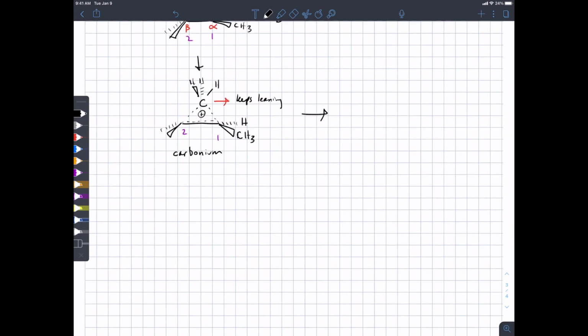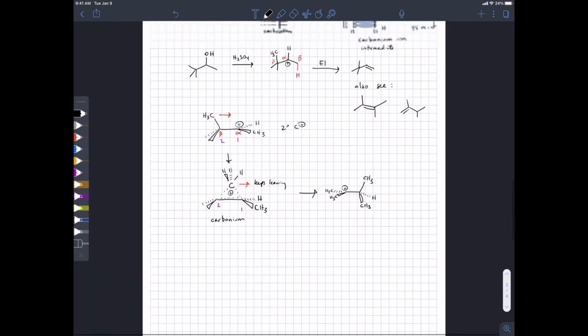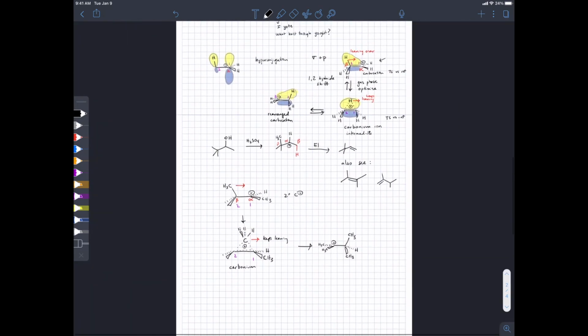And then completely forms a bond with carbon 1, leaving carbon 2 with the positive charge. Oh, I don't like my penmanship there. And if we were to draw orbitals, they would look very similar to what I showed you above.